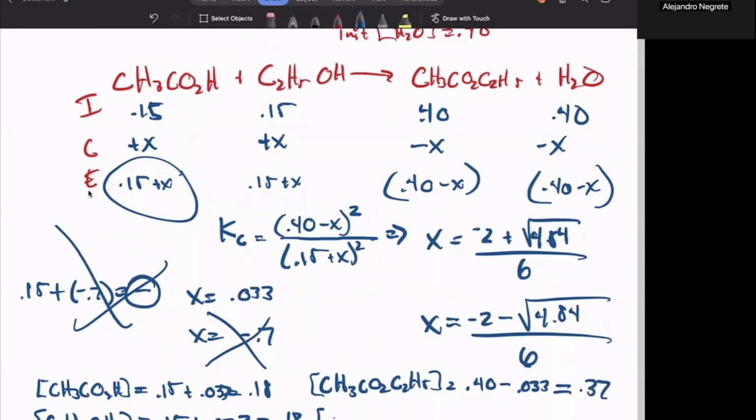And then this water here, concentration of our water, our solute, is also equal to 0.40 minus 0.033, which is also again 0.37. So we do have all those concentrations there. Right?